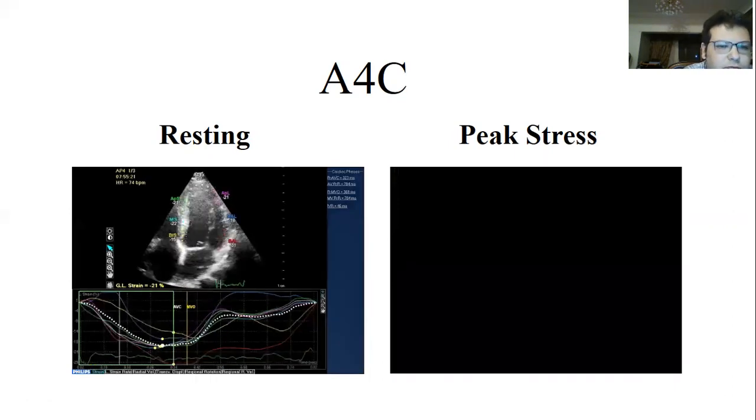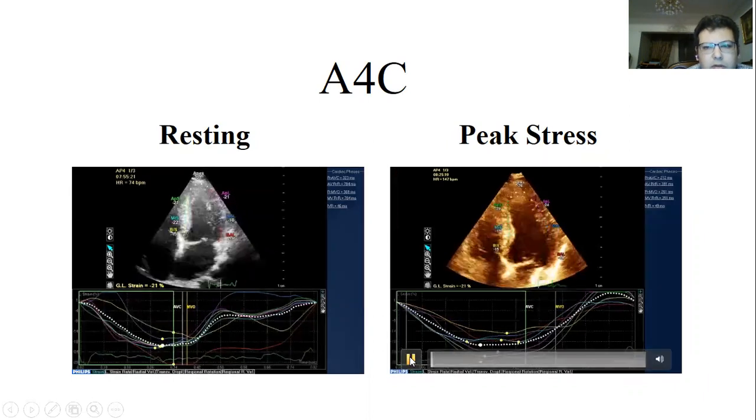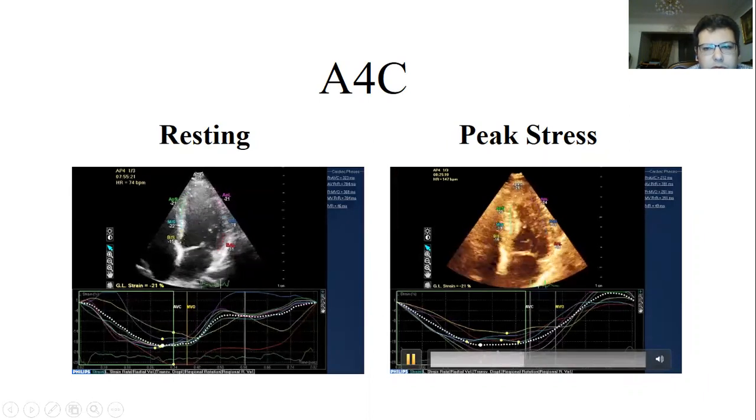This is the resting apical four-chamber view. You can appreciate there are no significant wall motion abnormalities at rest. Here is peak stress.